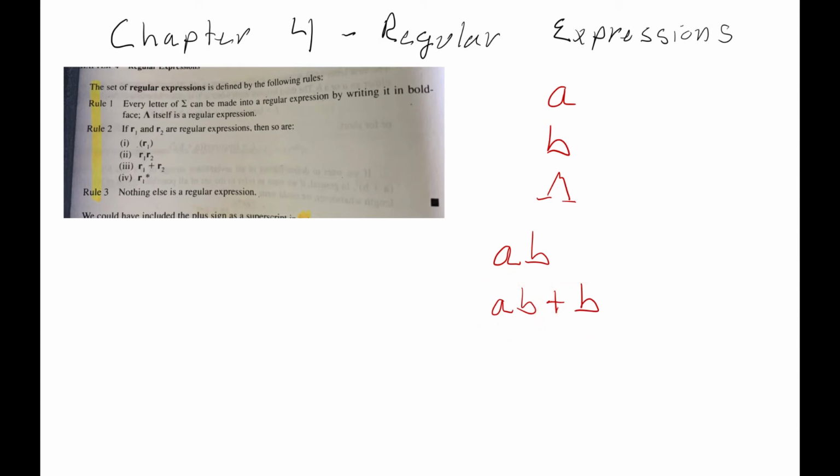Now we have the final rule here, that we can star something. And so we could take any regular expression and star it. So I'm going to, first of all, star this right here, and I'm going to put parentheses around it. I'm going to star my AB, with parentheses around it.